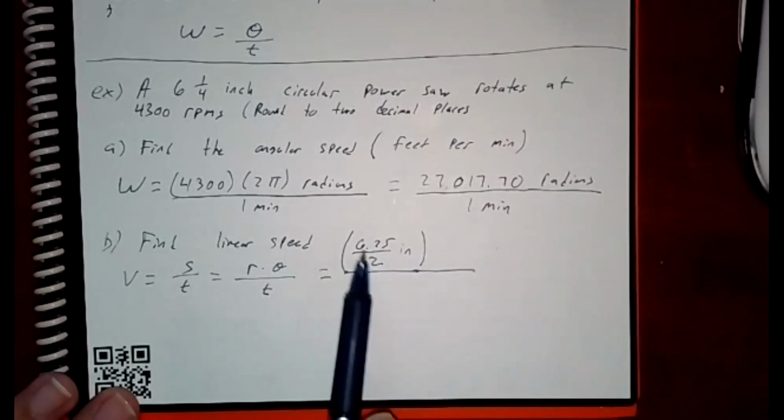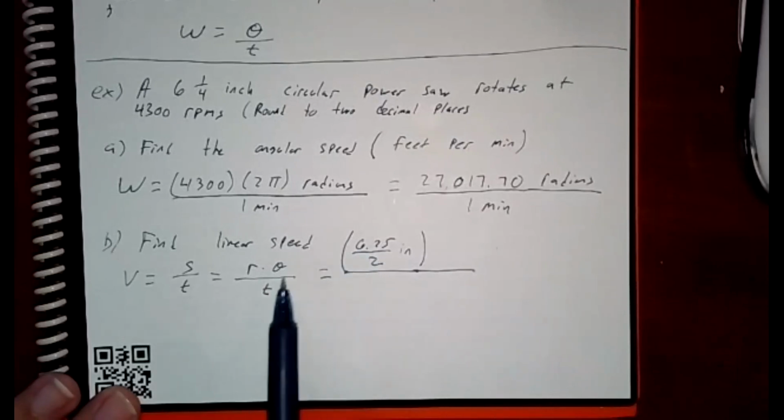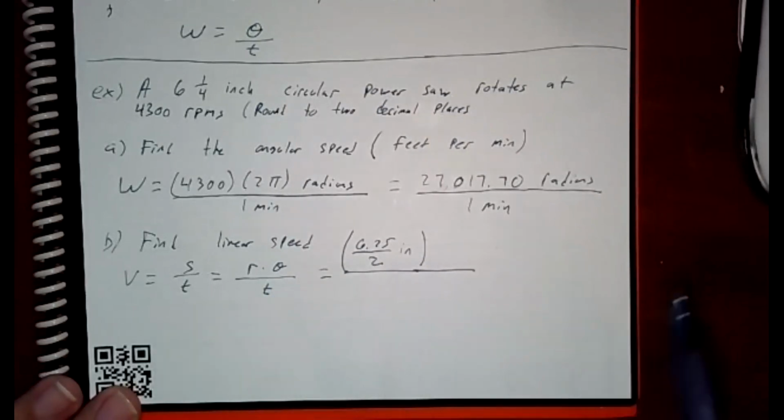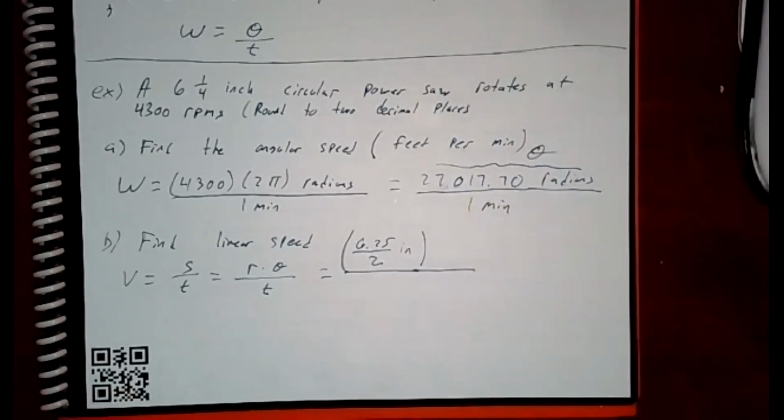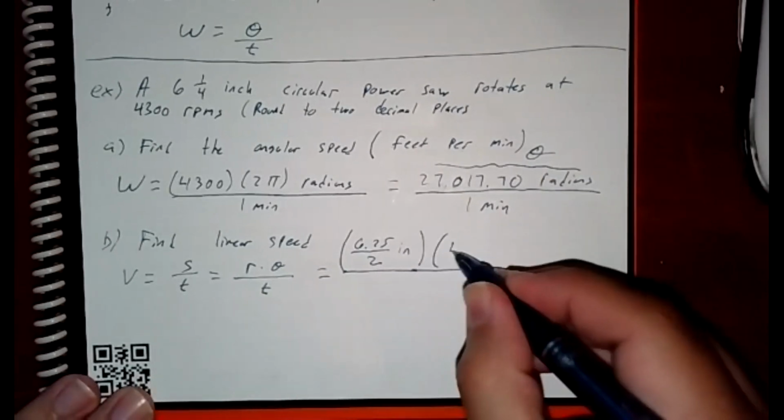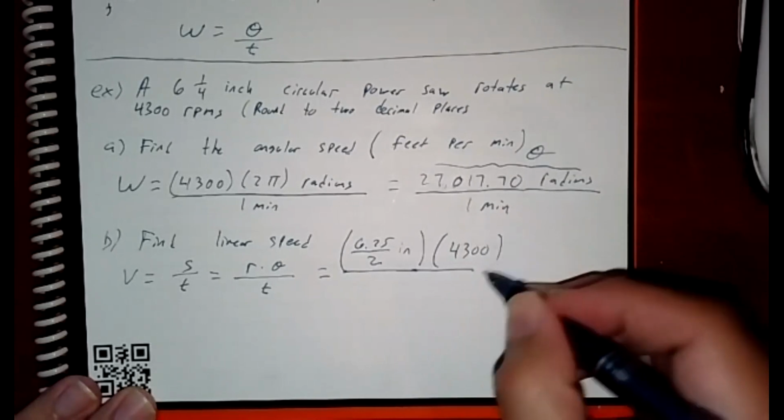So 6.25 over 2. We found theta earlier, didn't we? Right? This right here. Yeah, it's 27,000, whatever that. So it's really just going to be 4,300. And we'll show the next step.